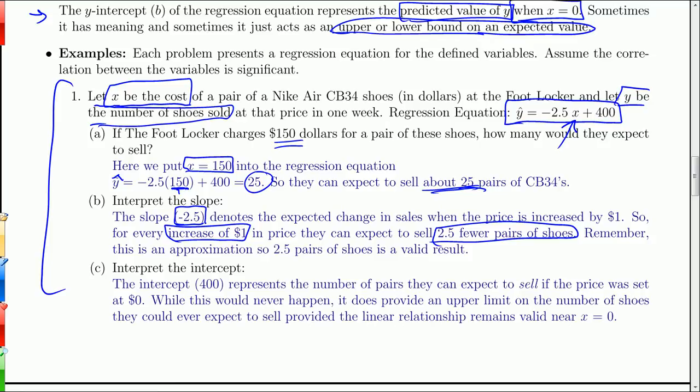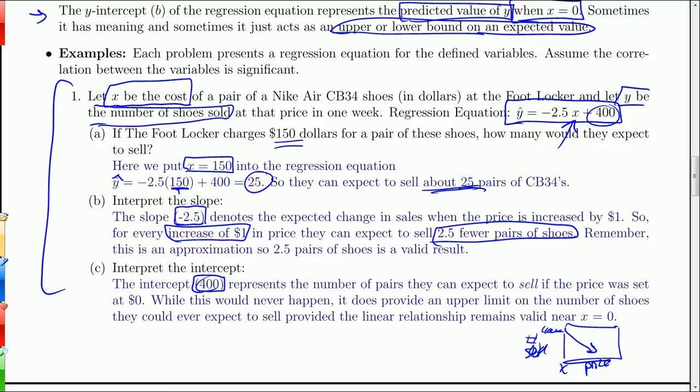Interpret the intercept. The intercept is 400. By the way, if you look at this relationship, this is price, and this is the number sold. It looks like this, right? So this intercept of 400, that's this value up here, 400, when X is 0. So in a sense, it does have some meaning.